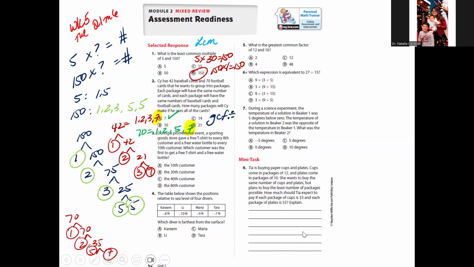You don't have to do the tree, but ask yourself, what is a number that can divide into 12 and 16, as in 12 divided by a number, and 16 divided by the same number? What number can divide into 12 and 16, the same number?